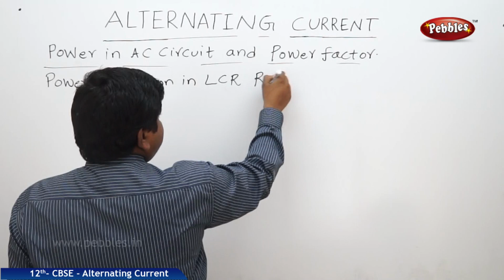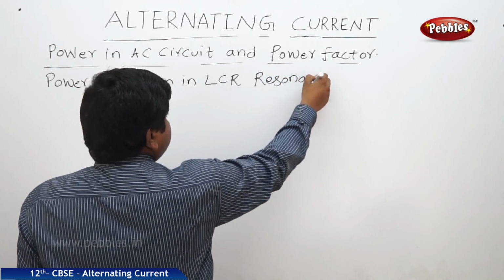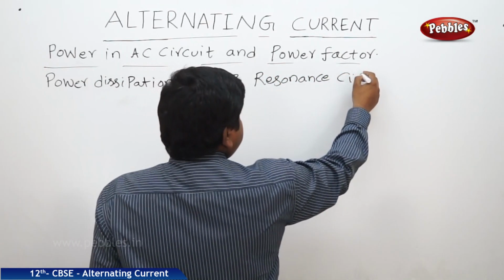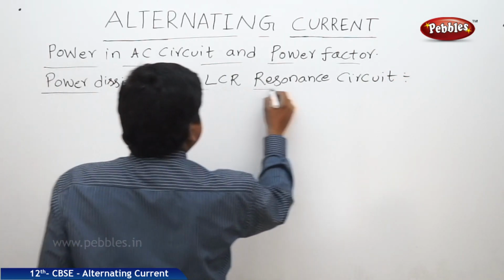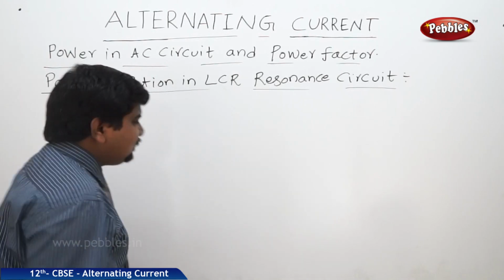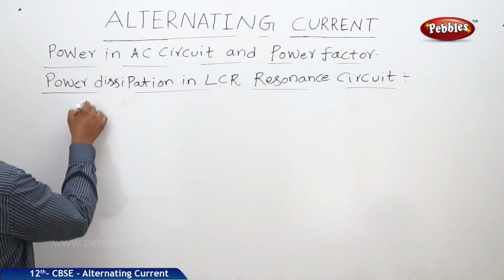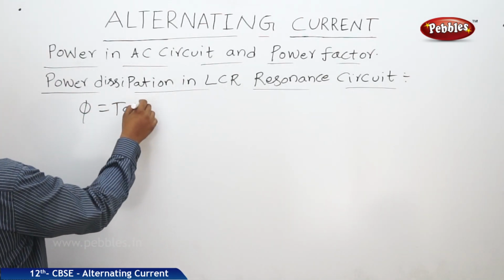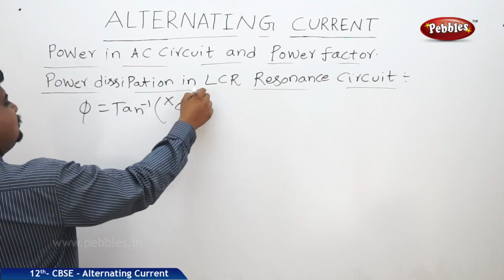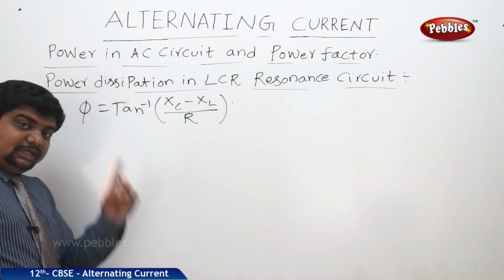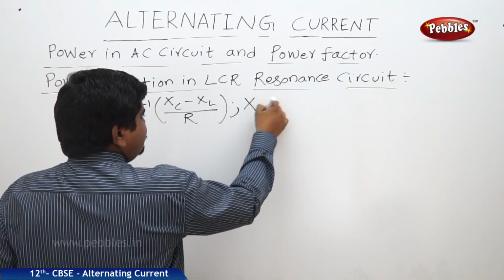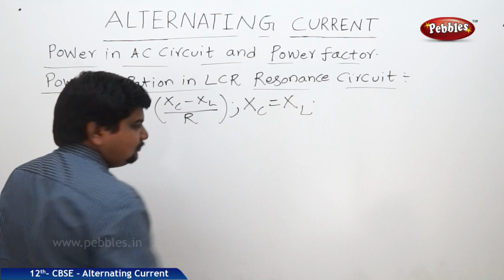Resonance circuit. What is the resonance circuit condition? Phi is equal to tan inverse (XC minus XL) by R. In case of resonance, XC is equal to XL.